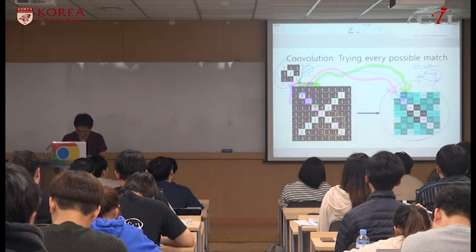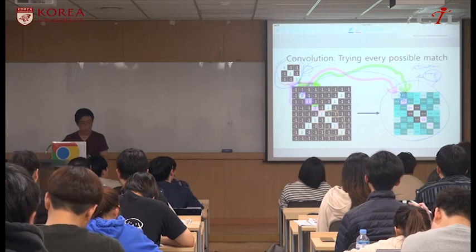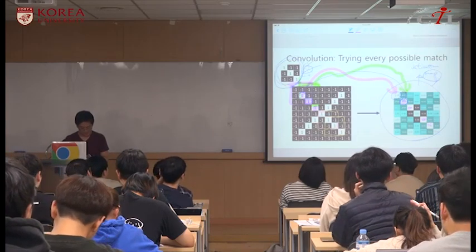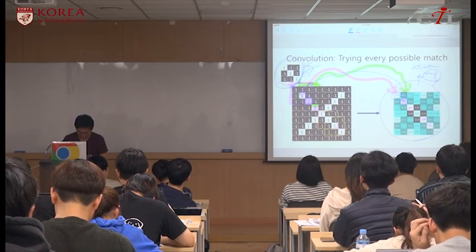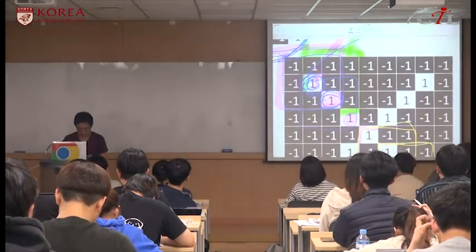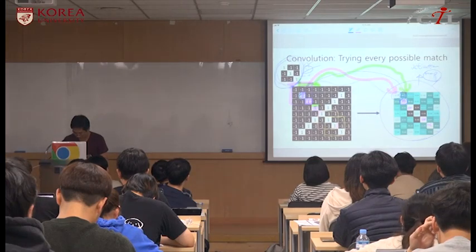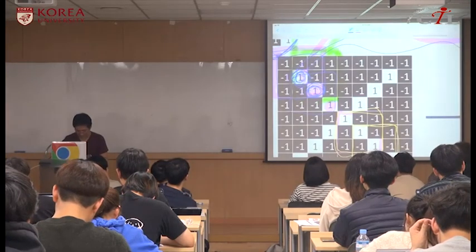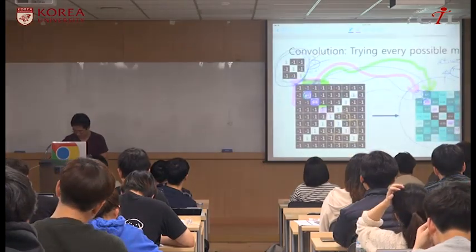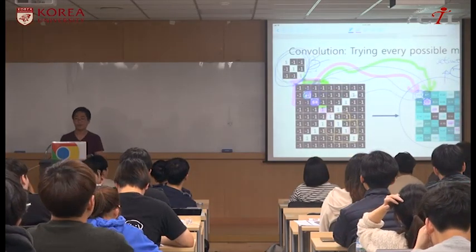So back to this guy. We have this filter to match among different locations, and I mentioned that this center pixel will have the activation as 0.77, and this center pixel will have the activation as 0.1, right?